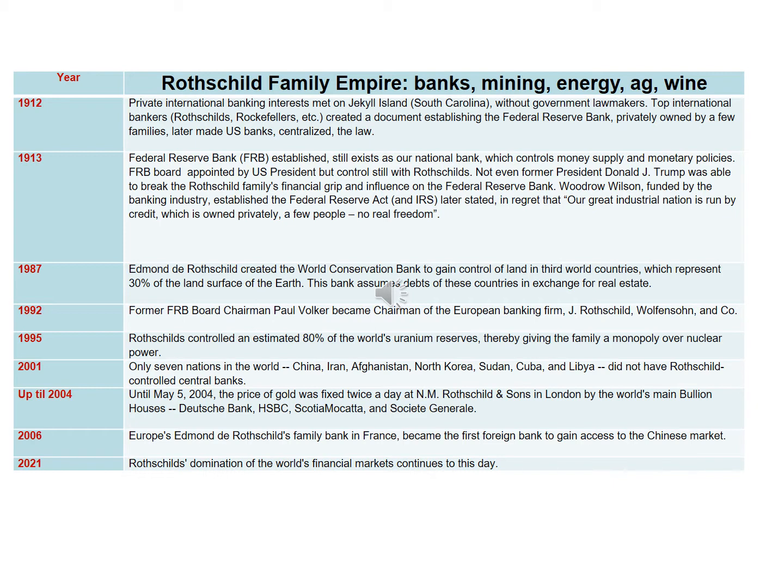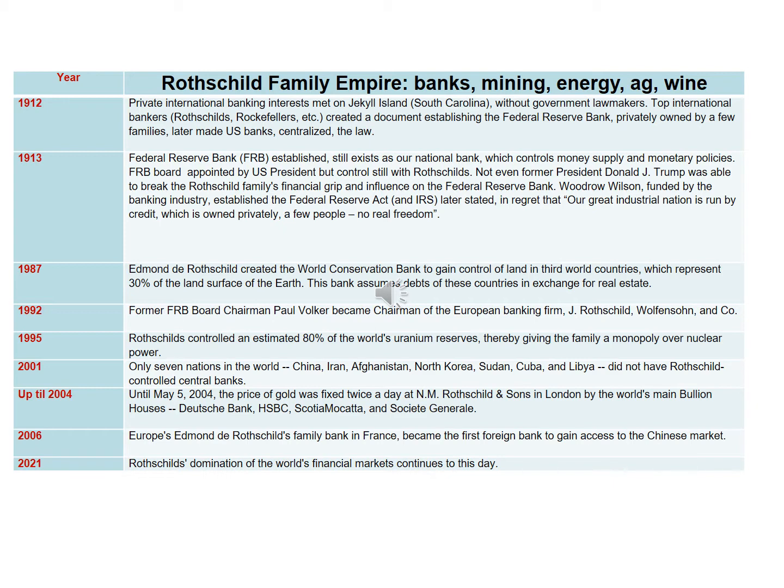The Federal Reserve Bank Board was appointed by the U.S. president, but control is still within the families like the Rothschilds. So this, again, made the official U.S. banking system one that provides profits by interest to a few families. It's like a private company that is dealing with our public funds.